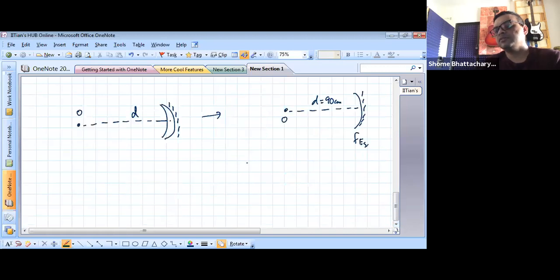So we have 1 by v plus 1 by u is equal to 1 by f with sign convention. So 1 by v plus 1 upon minus 90 is equal to 1 upon minus 10.